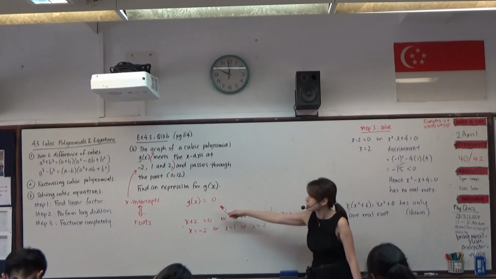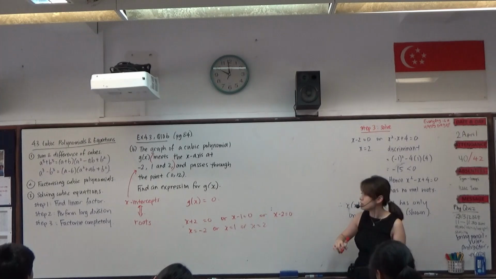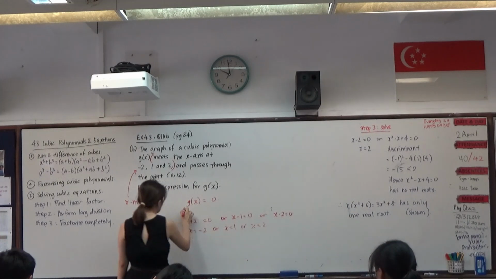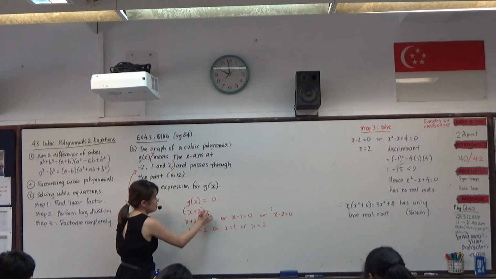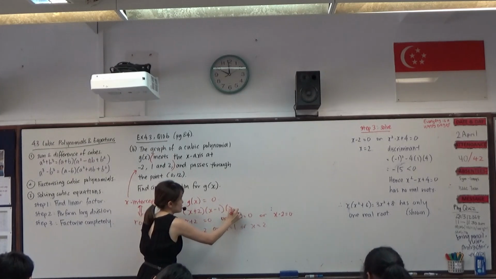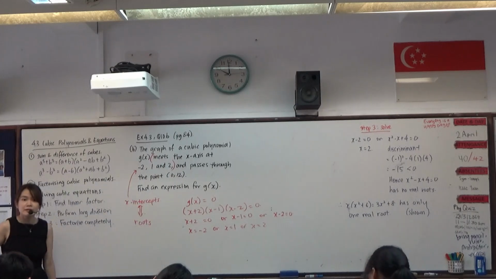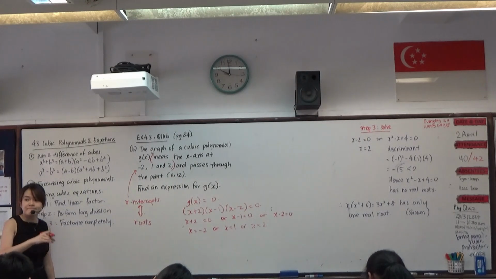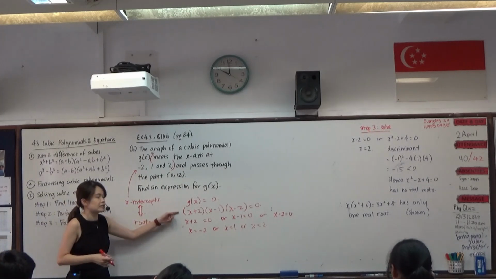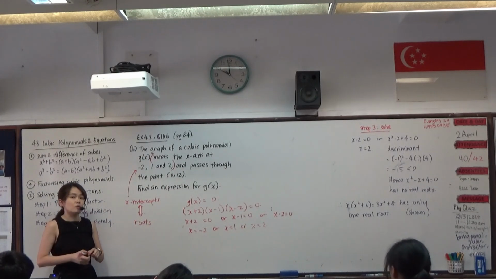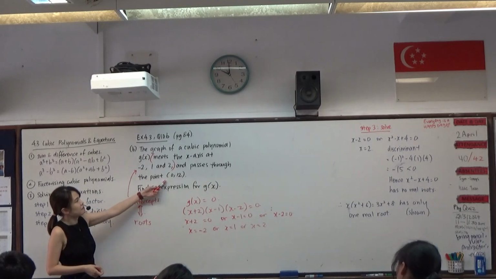So how should the factorization of g(x) look like? It will be (x plus 2)(x minus 1)(x minus 2) equals 0. We are working backwards. But is that the answer? Does this mean that g(x) is going to be this? No.